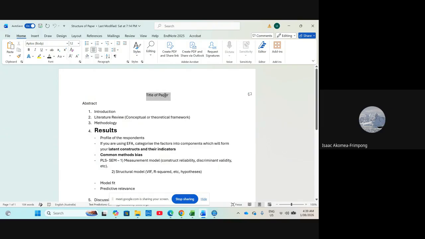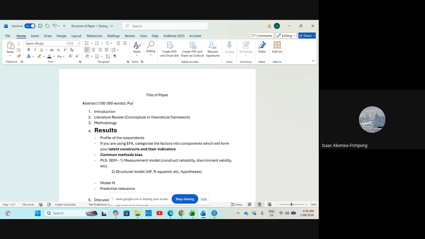So you start with the title of your article. You come to the abstract. Many journals take between 100 to 300 words maximum, and it must follow a certain structure. Even abstracts have a certain structure.